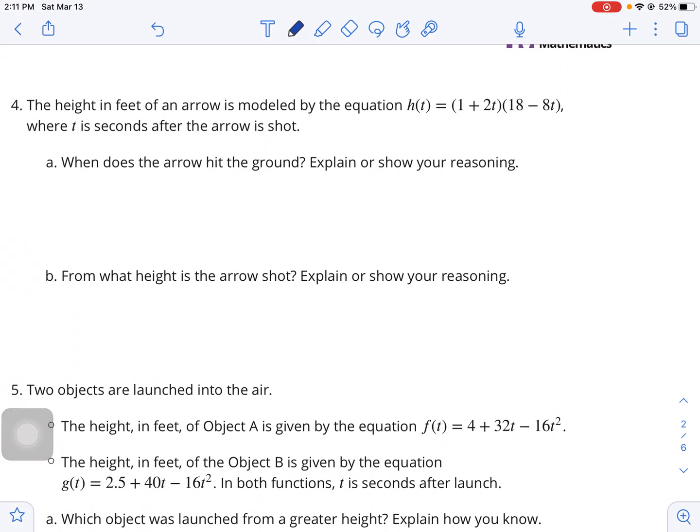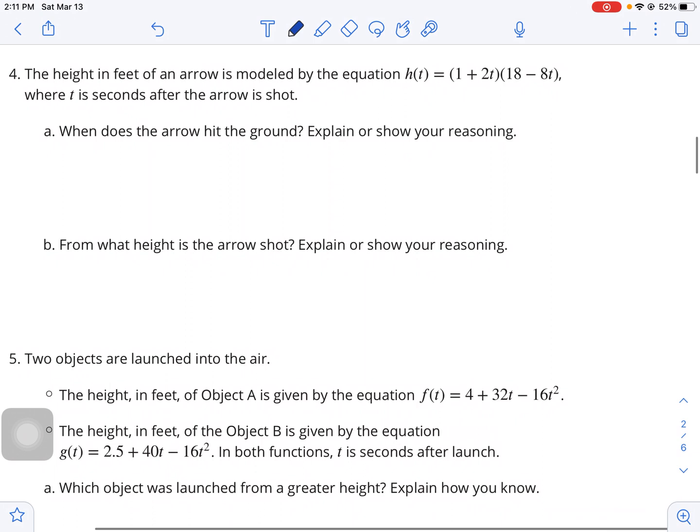Number 4, the height in feet of an arrow is modeled by this function, where t is in seconds after the arrow is shot. So when does the arrow hit the ground? That will be when h of t is 0. So let's take a look at that function on our Desmos again.